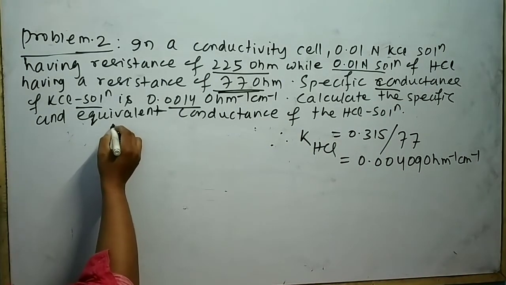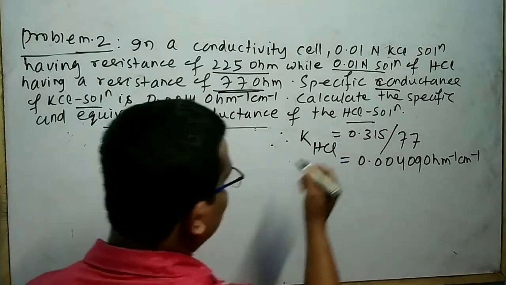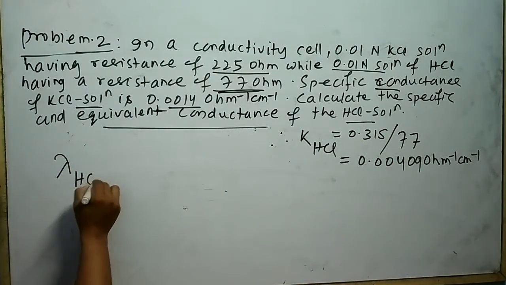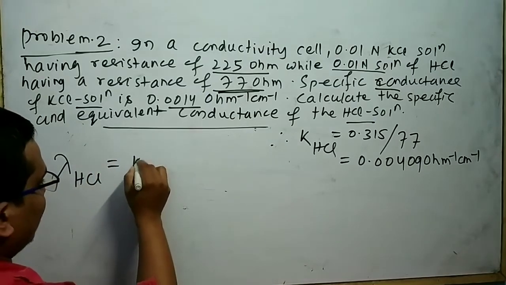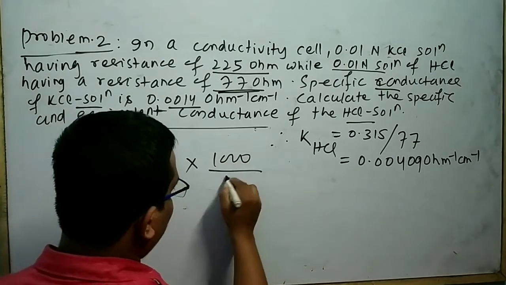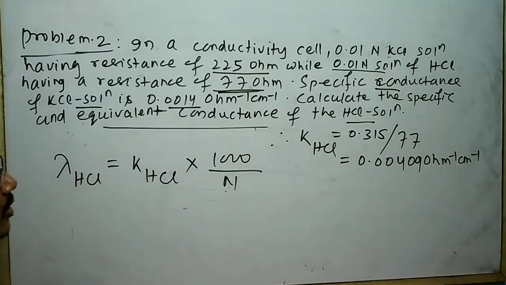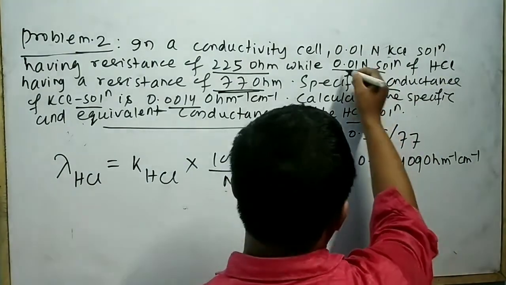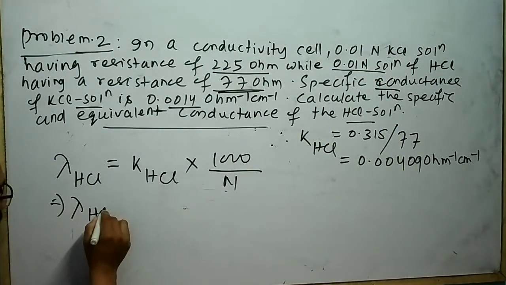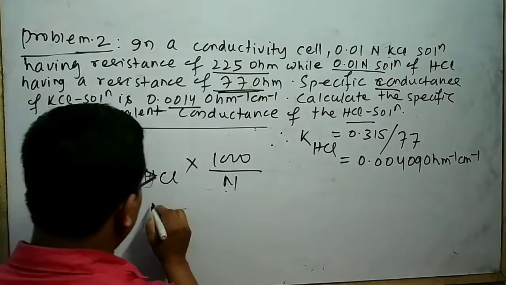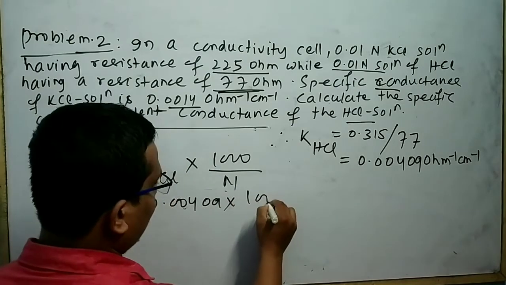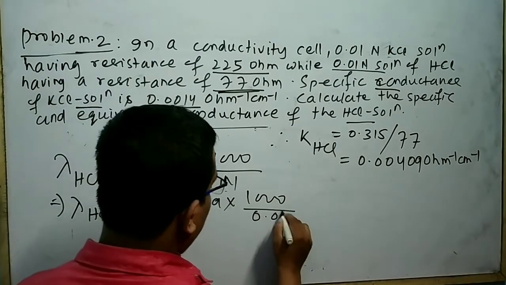The second question is to find the equivalent conductance of HCl solution. We know that equivalent conductance for HCl solution equal to specific conductance for HCl solution into 1000 by normality. Here the normality of HCl solution is 0.01. So I can write equivalent conductance for HCl solution equal to 0.00409 into 1000 divided by 0.01.